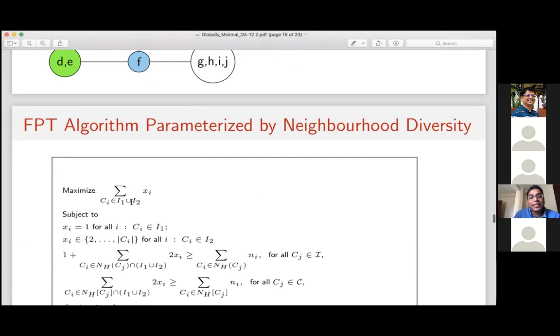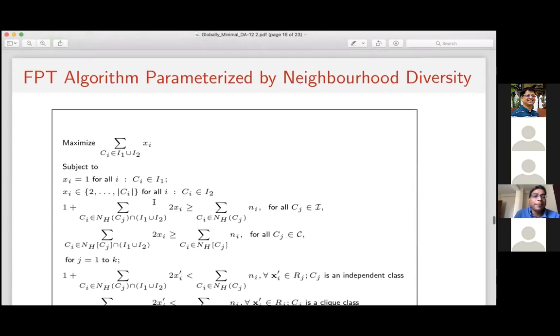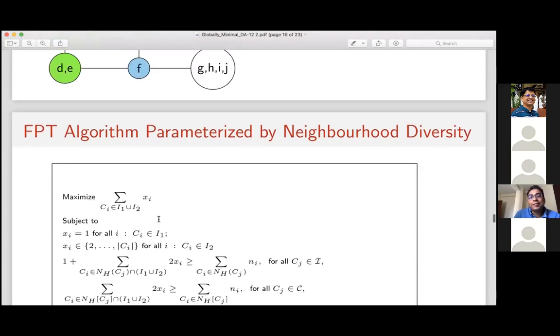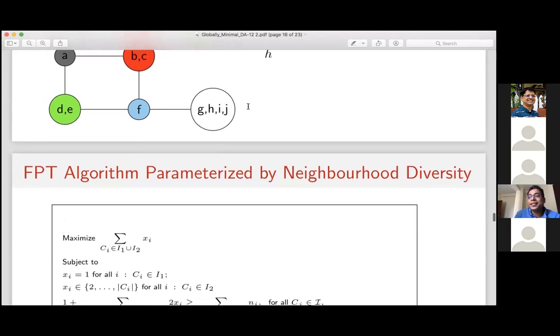It's a maximization problem. So I'll see how I can maximize this summation of x_i with many complicated constraints, such that the selected vertices form a minimal defensive alliance.